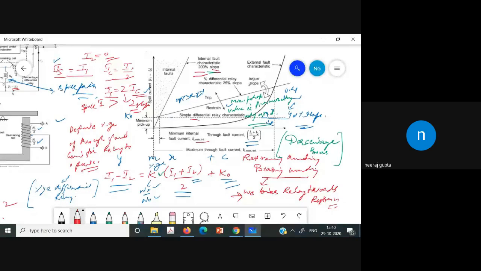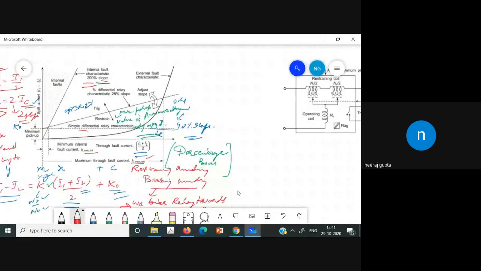And the maximum through fault current, above which the scheme will maloperate, is given by IF maximum external.